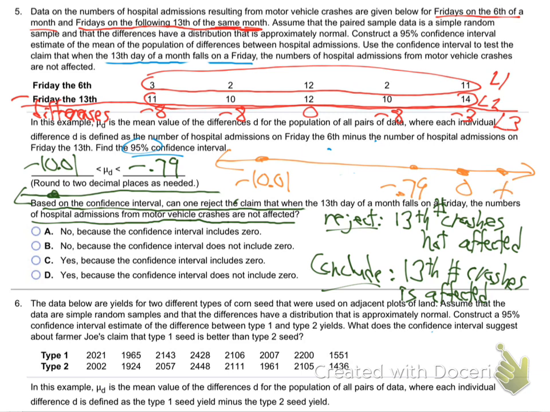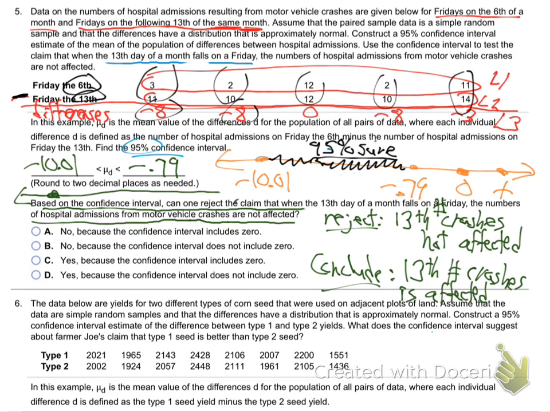So we're 95% sure, 95% confident that the real difference, if you take all Friday the 13th forever compared to Friday the 6th, and you subtract them, based on these 5 different weeks, this sample data, we're 95% sure that the real true difference is somewhere between negative 10.01 and negative 0.79, meaning it's not 0, because 0 is out here.